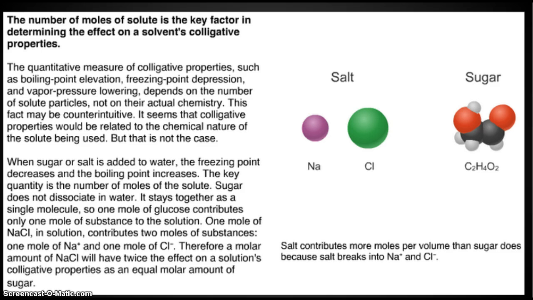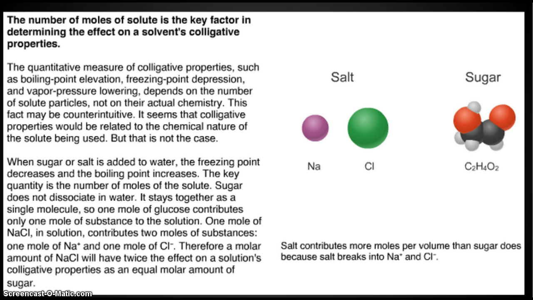So 1 mole of glucose contributes only 1 mole of substance to the solution. 1 mole of NaCl in solution contributes 2 moles of substances, 1 mole of Na and 1 mole of Cl. Therefore, a molar amount of NaCl will have twice the effect on a solution's colligative property as an equal molar amount of sugar.